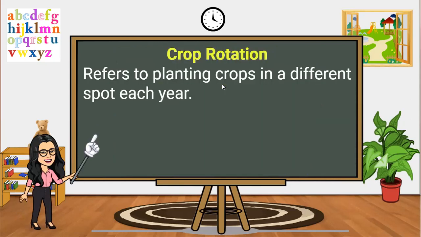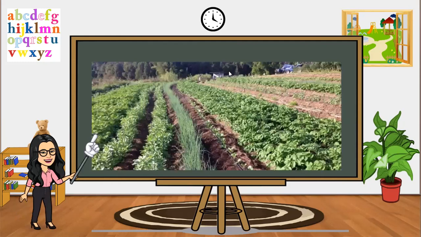Okay, next is crop rotation. It refers to planting crops in a different spot each year. Look at this picture. Farmers use crop rotation not just to prevent pests from destroying plants, but also to maintain good soil quality.